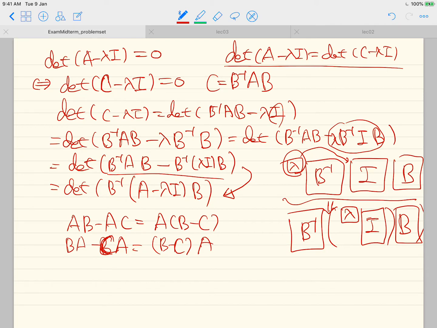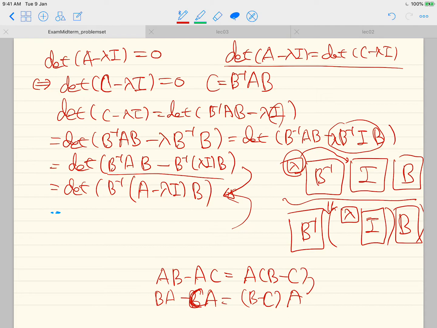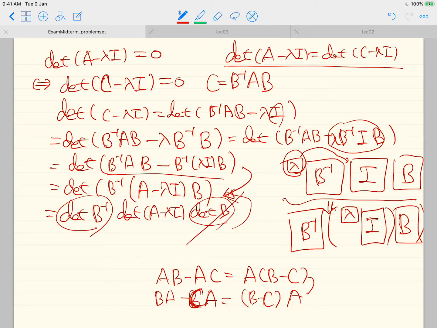And so we just apply these two into here. Now it's time to apply the property of determinants: determinant of B inverse, determinant of A minus lambda I, times determinant of B. So this one and this one are cancelled out, and we obtain the determinant of A minus lambda I.